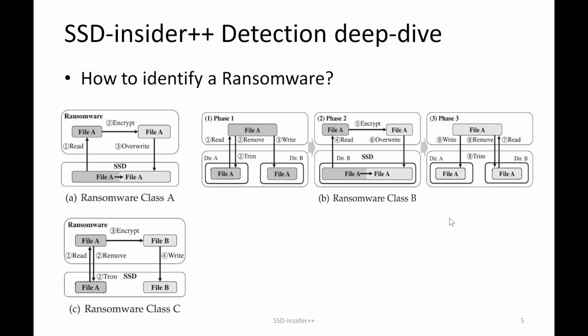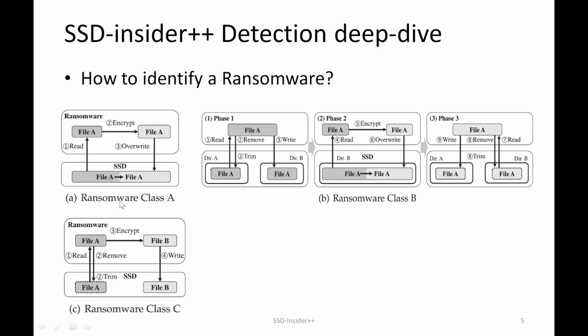Right? In the same way, there can be another class, which is class C here, where we are reading a particular file A. We are then deleting it, meaning we are sending a TRIM command to the SSD. Following that, the ransomware will encrypt this file, create a new file B here, and write it in a newer location. So here the earlier file and the newer file are totally different, in different locations.